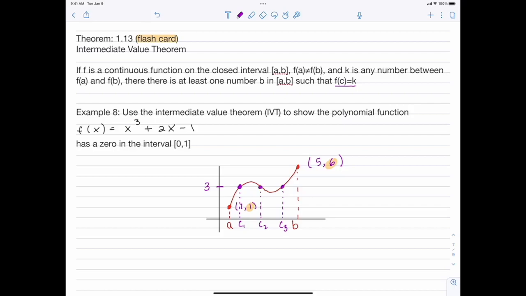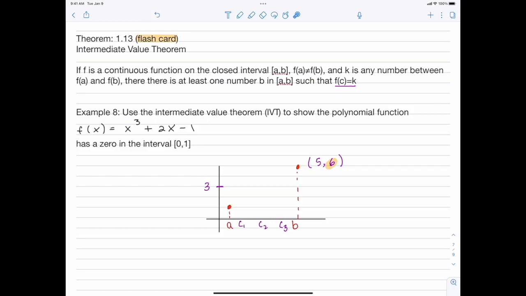Because I think you'd agree, if we didn't know what this graph looked like, let's just say I told you, hey, look, we have some graph that's continuous from a to b. You just have no idea what it looks like.